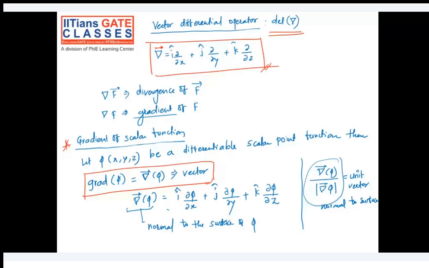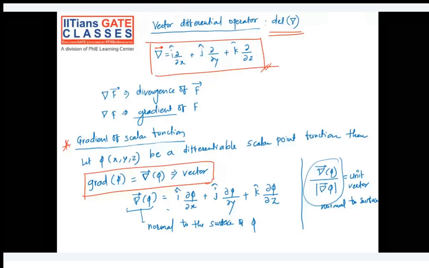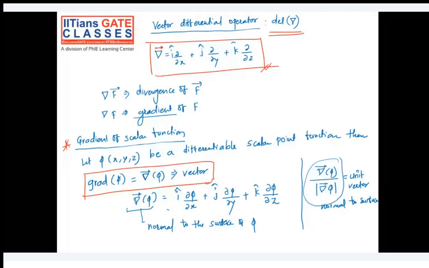So what is the outcome of it? The outcome is a vector. Basically it will tell us how the temperature field is varying and in which direction. Del of phi is i times dou phi by dou x plus j times dou phi by dou y plus k times dou phi by dou z.